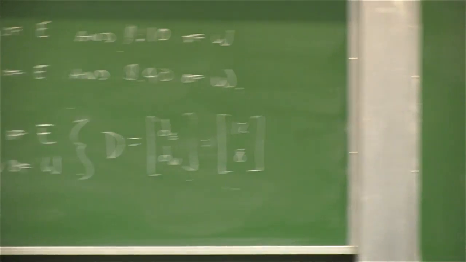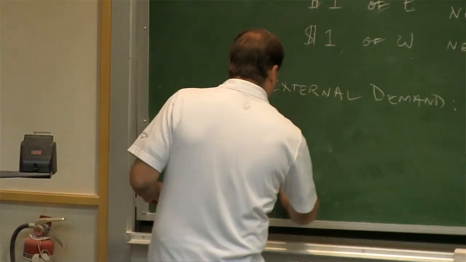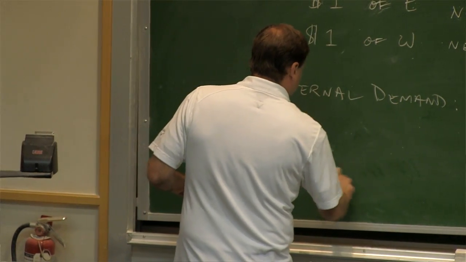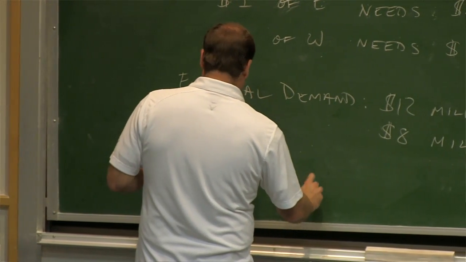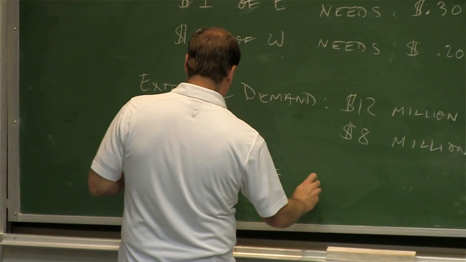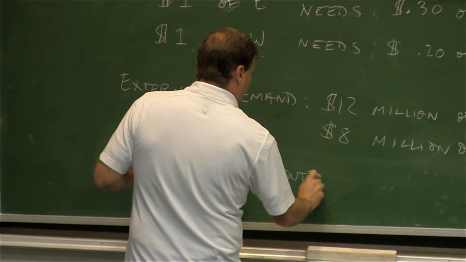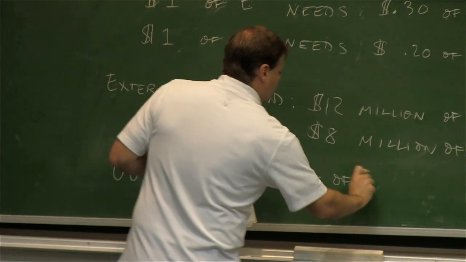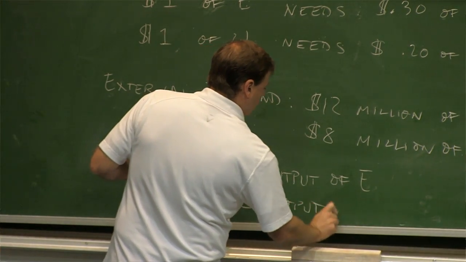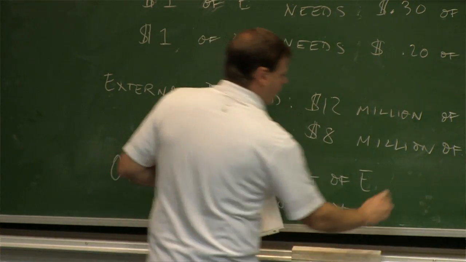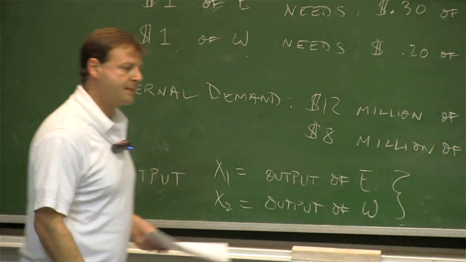external demand vector. And then how about the output? Let's say x1 is equal to the output of electricity, and x2 is the output of water. And let's organize that in the same way.